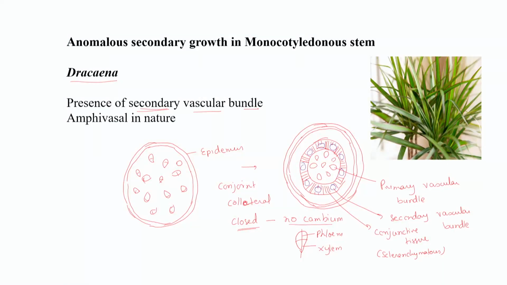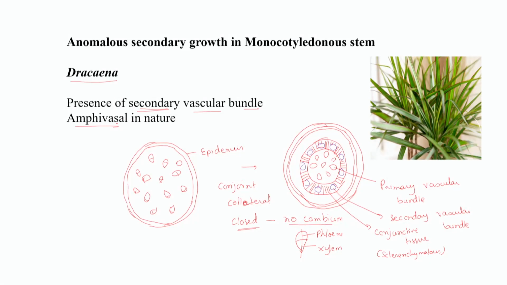Now, coming to the structure of this vascular bundle, this is also very important. Its formation is not normal, and its organization is also not normal compared with normal vascular bundles. It is amphivasal in nature. Before that also we have discussed that amphivasal means phloem is surrounded by xylem.